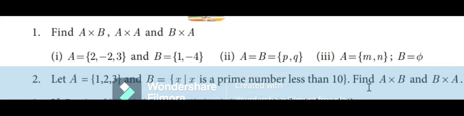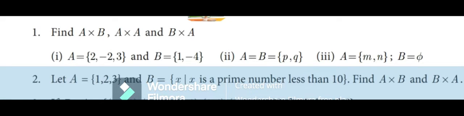We have to find A cross B and B cross A. We already know how to find A cross B and B cross A, so I'll work it out. But in finding these elements we should be very careful. B's elements were not given straightforwardly like this. They said B's elements are x for x is a prime number, so B's elements will be the prime numbers that are less than 10.